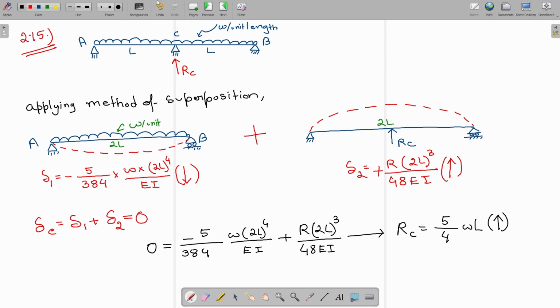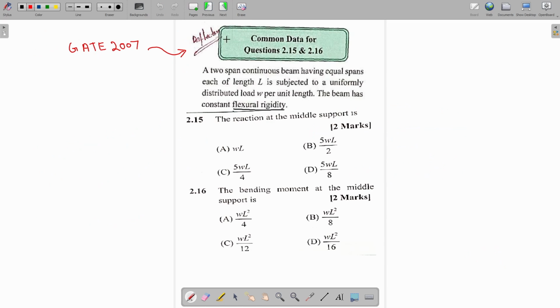So this is our answer. Question number 2.15 is 5 by 4 WL, answer C. Now for the second part, we need to find the bending moment at the middle support.